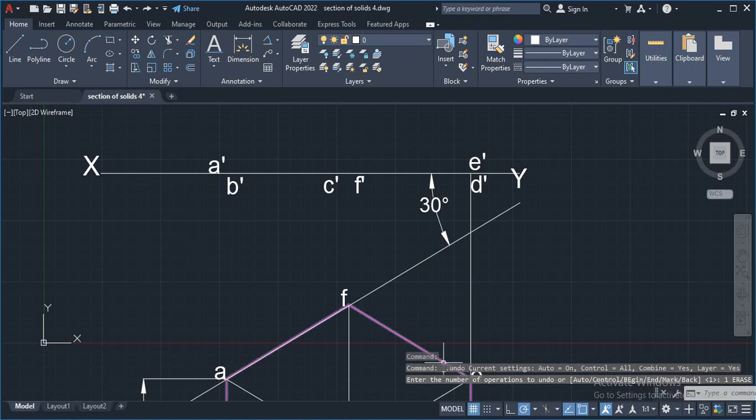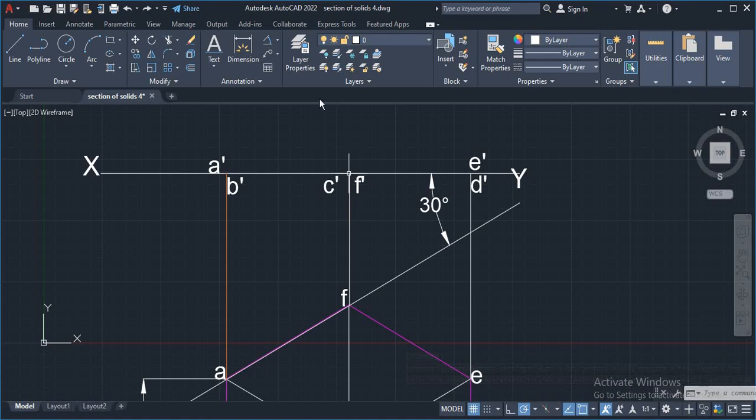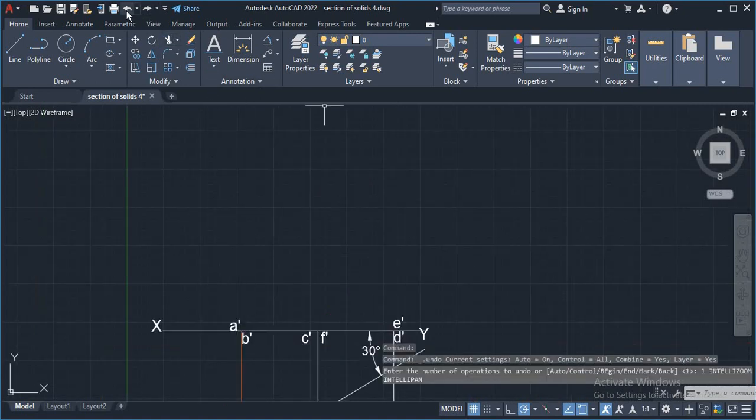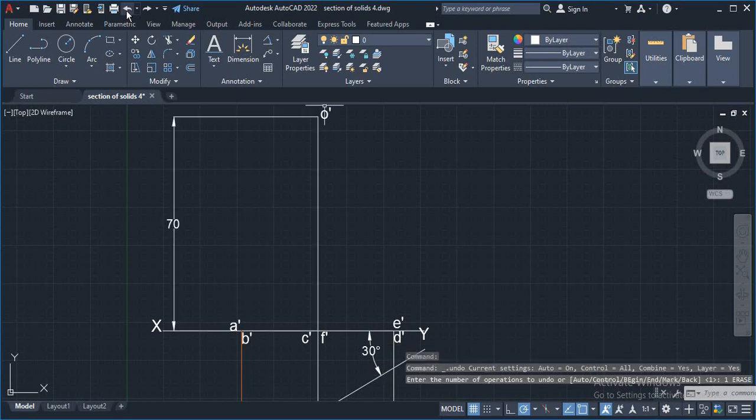Draw projection lines from C, F and A. So A dash, B dash, C dash, F dash, E dash, D dash. Now draw a line for 70 mm from the point C dash. Mark O dash, 70 mm. Join A dash, O dash and E dash, O dash.